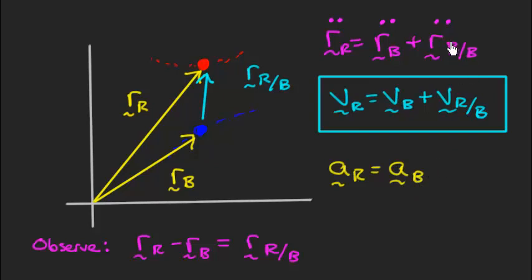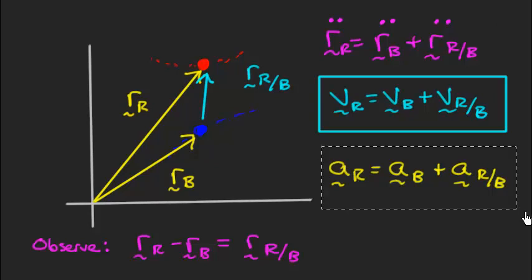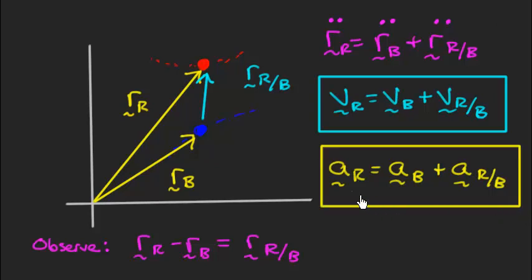And then the second time derivative of this relative position, that's what we're going to call the acceleration of red relative to blue. And again, this is another one of these fundamental kinematic relationships that we're going to use. That is, the acceleration of the red particle is equal to the acceleration of the blue particle plus the acceleration of red relative to blue.